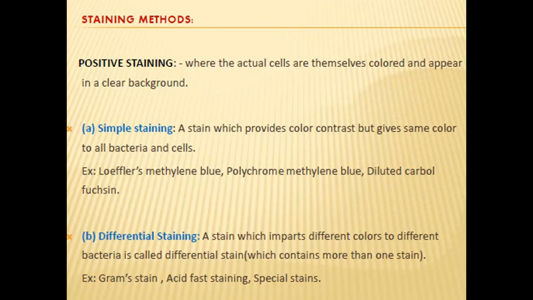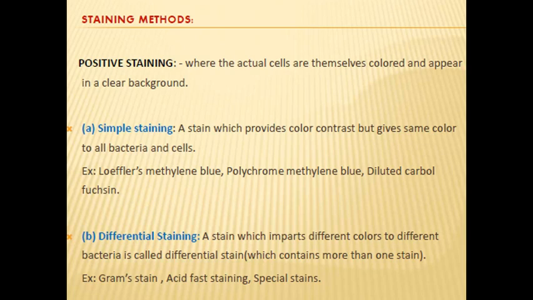If you use a violet color stain, whenever we observe our specimen under the microscope, we can see that our specimen appears violet in color, right? Such a staining technique in which the specimen takes up the color of the particular dye is known as positive staining. Now this positive staining again has two types: simple staining and differential staining.